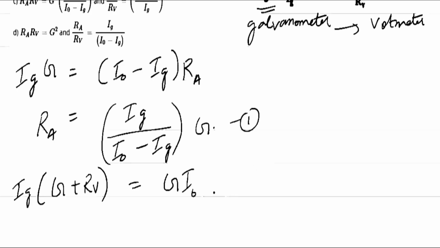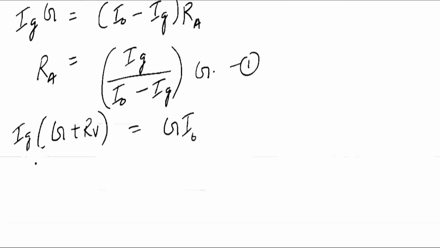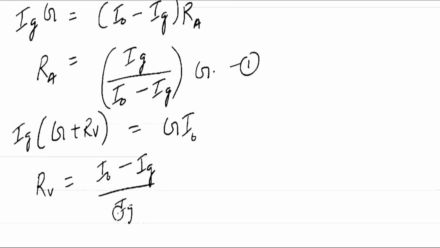Similarly, let us find out RV. Rearranging for RV, we get RV is equal to (I naught minus Ig) divided by Ig, the whole multiplied by G. Let us mark this as equation number 2.